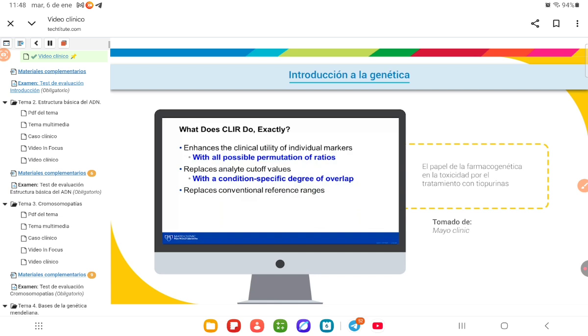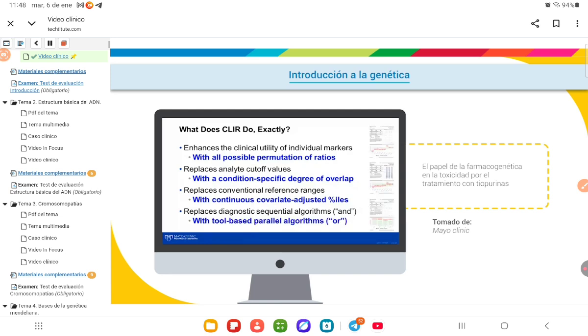Third, CLEAR replaces conventional reference ranges with continuous covariate-adjusted moving percentiles. Finally, CLEAR replaces traditional sequential algorithms with post-analytical interpretive tools working as parallel algorithms, meaning that all relevant markers are assessed simultaneously.